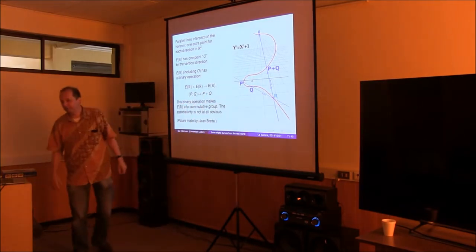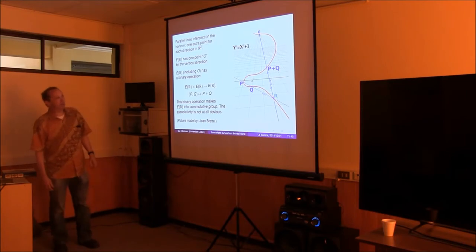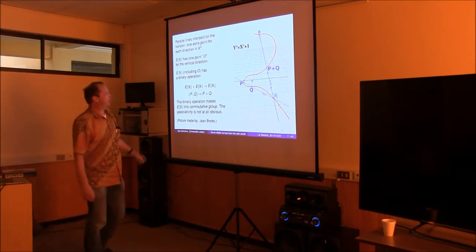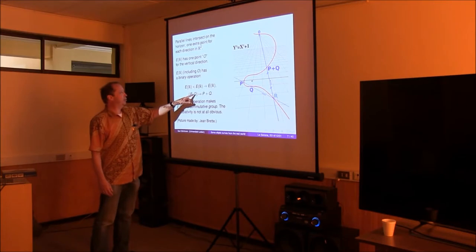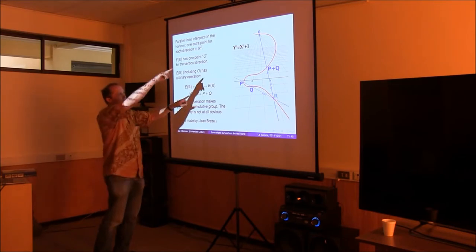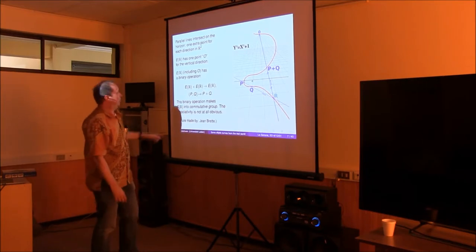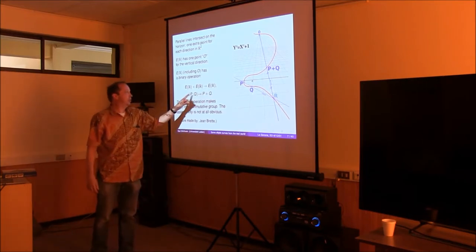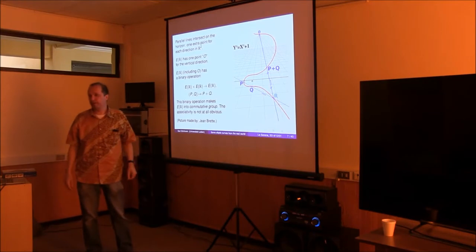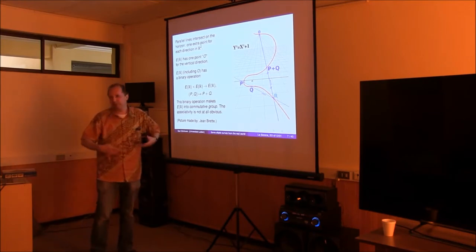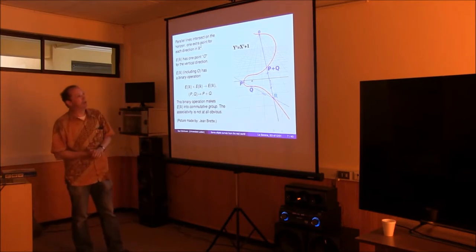That's easy. It also means that if I take the point Q equal to the point 0 at infinity, then actually the resulting point will still be the same point P. It means that the 0 is the 0 for the addition. That's why we call it 0. Why is that?